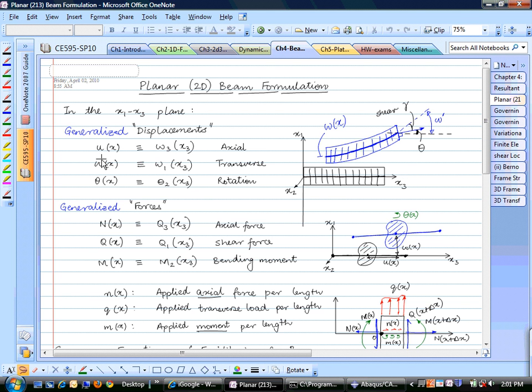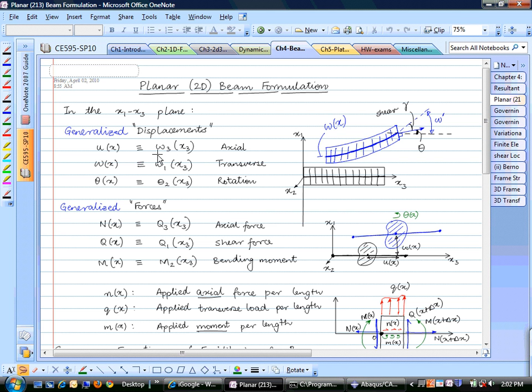So the axial displacement we chose was along x3, that was equal to w3 in the 3-dimensional case. The transverse displacement, w, was equal to w1, and theta was equal to theta 2. So that's rotation about the y2 axis, or x2 or y axis. So you can see there is a mix of all three coordinates even in the planar beam problem.